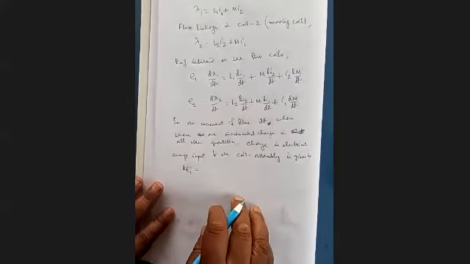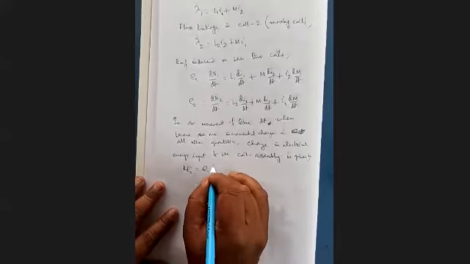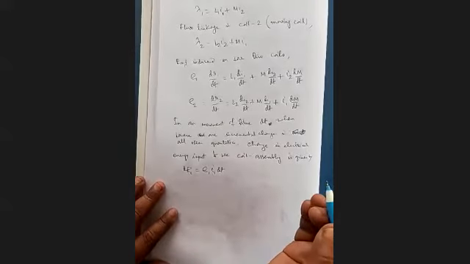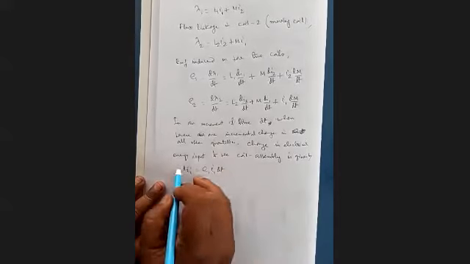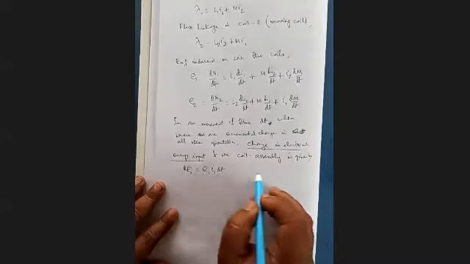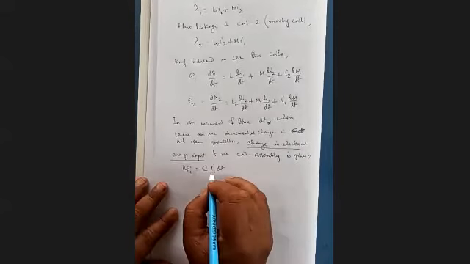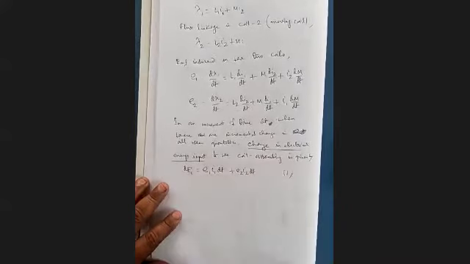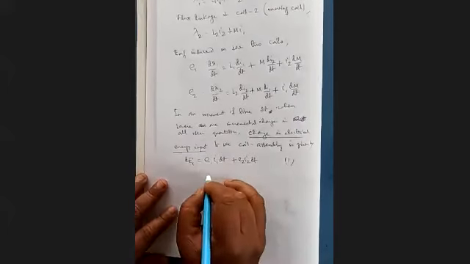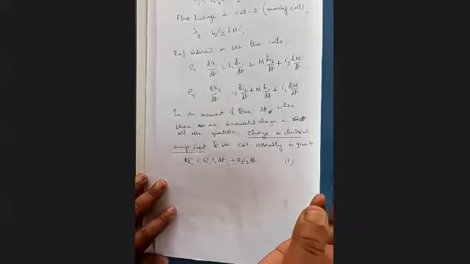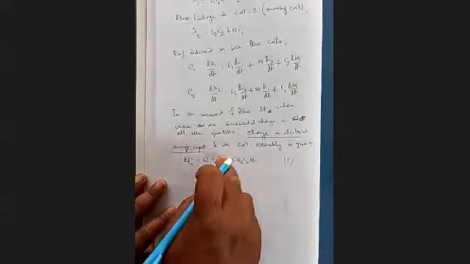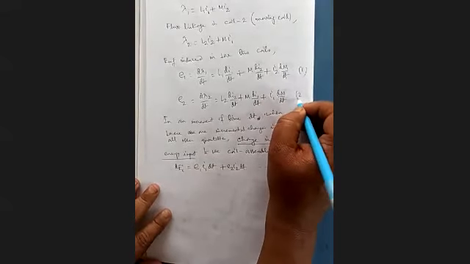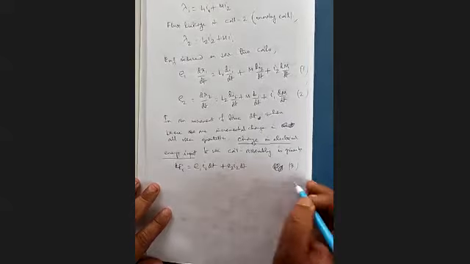The change in electrical input is E1 I1 dt. Voltage into current into time is the change in electrical energy input. So the change in electrical energy input to the coil assembly is given by dEI equals E1 I1 dt plus E2 I2 dt. Say this is equation 1, this is equation 2. Now this is equation 3.